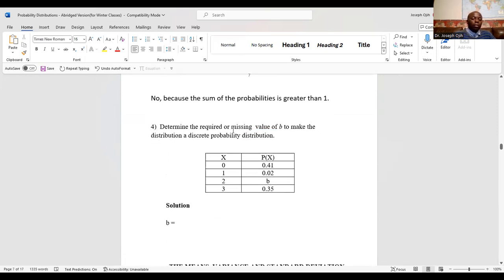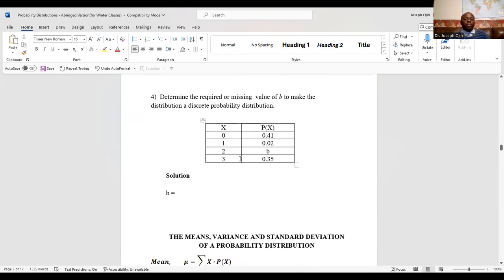It says, determine the required missing value of B to make the distribution a discrete probability distribution. If you look at the outcomes, you can see their corresponding probabilities.